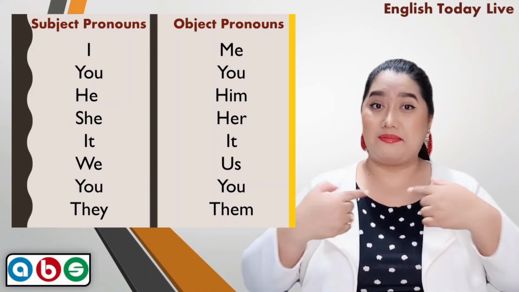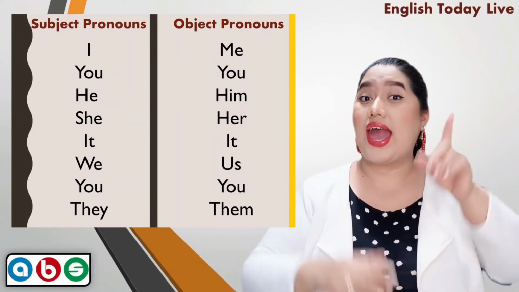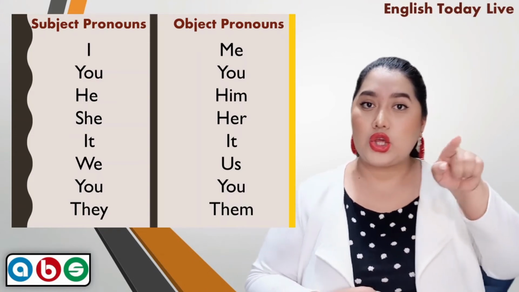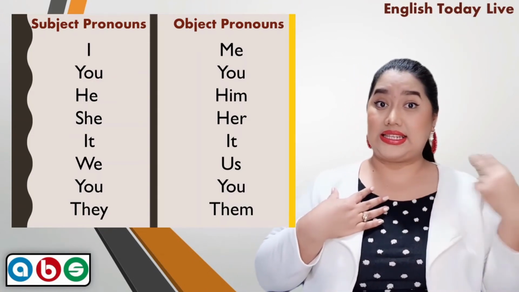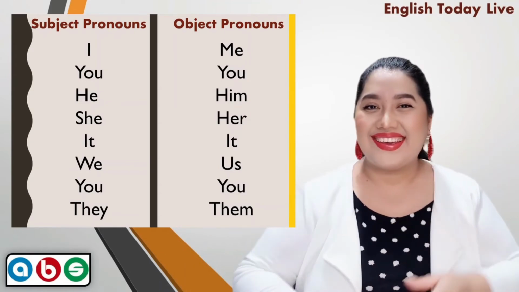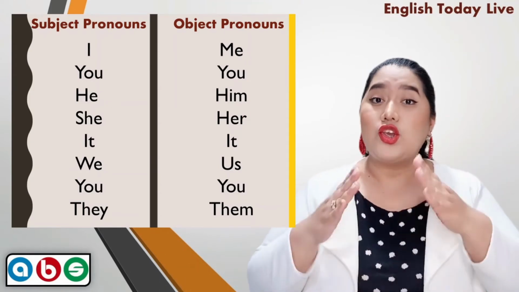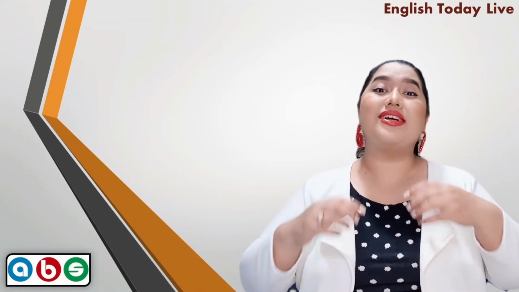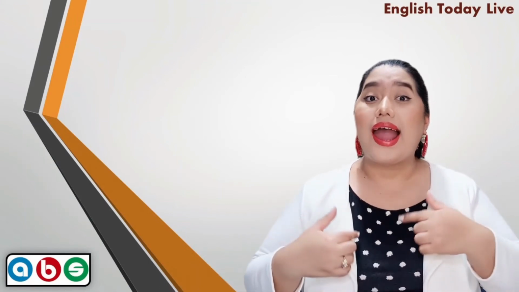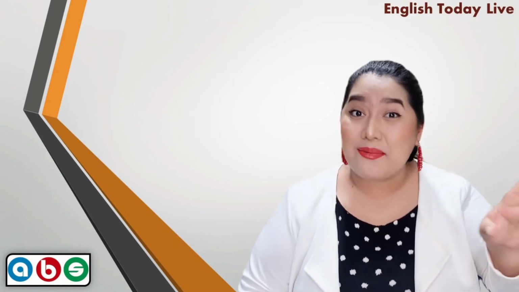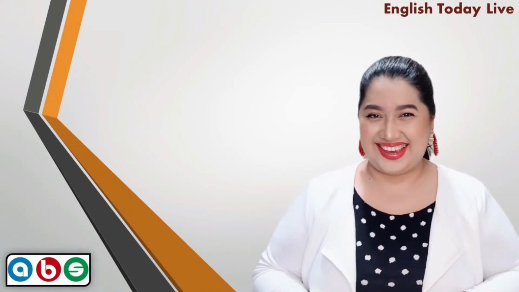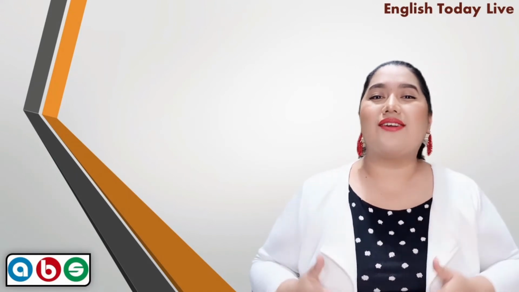So I repeat it: me, you, her, him, it, you, us, and them. Yes, these are object pronouns. You can use these object pronouns to replace the object in a sentence. For example, I love Jimmy, or I love him. Yes, him. I'm pointing to him in this case. I love him. Yeah? Okay, so let's see now some examples.